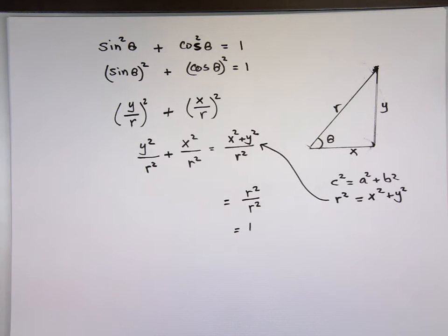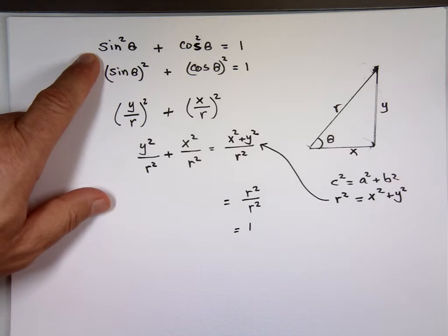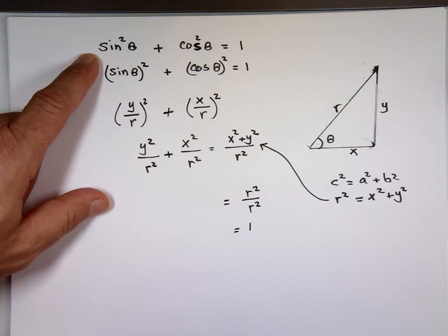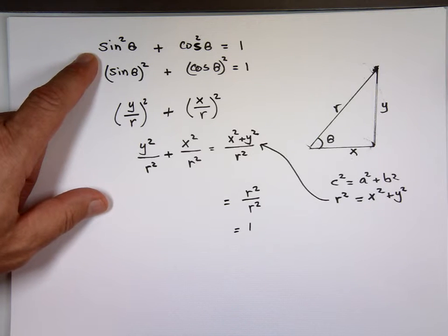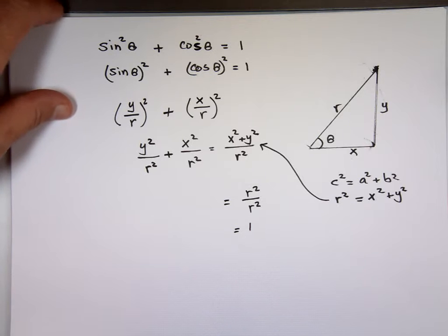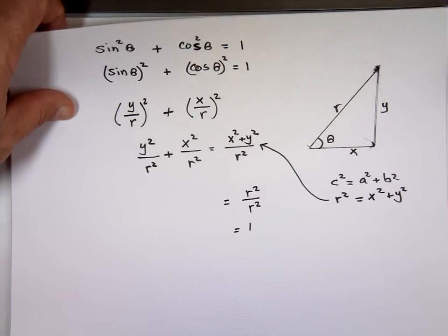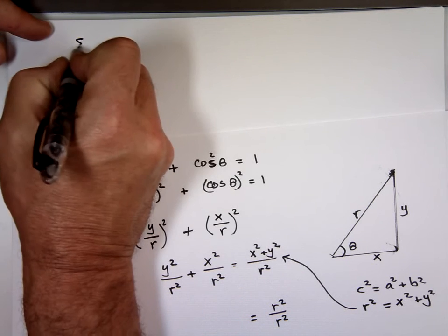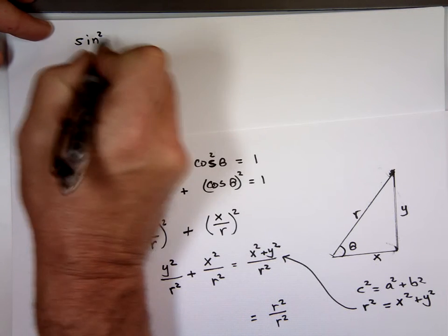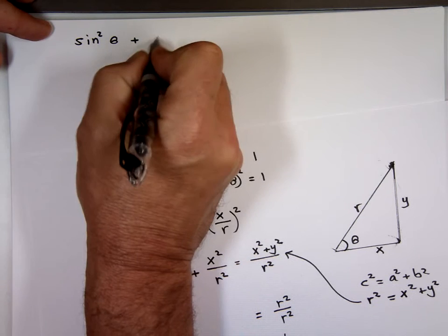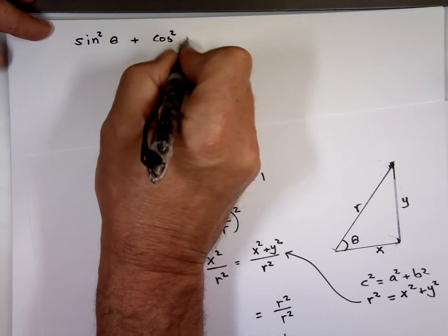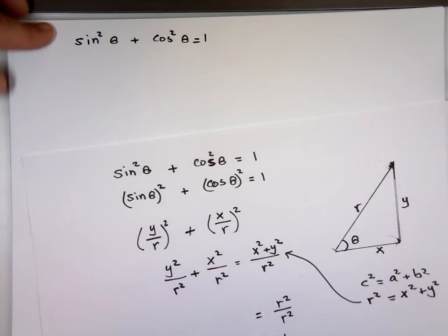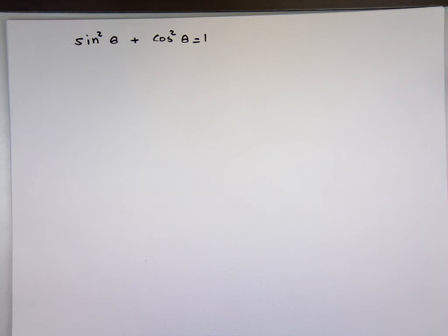I have this identity written on the board, sine squared plus cosine squared equals 1. That's number 7. Then I have two more under it. Where are they coming from? So let me derive the other ones that you see there. Let me write this one first. I'm going to play with this now, since I'm having fun.